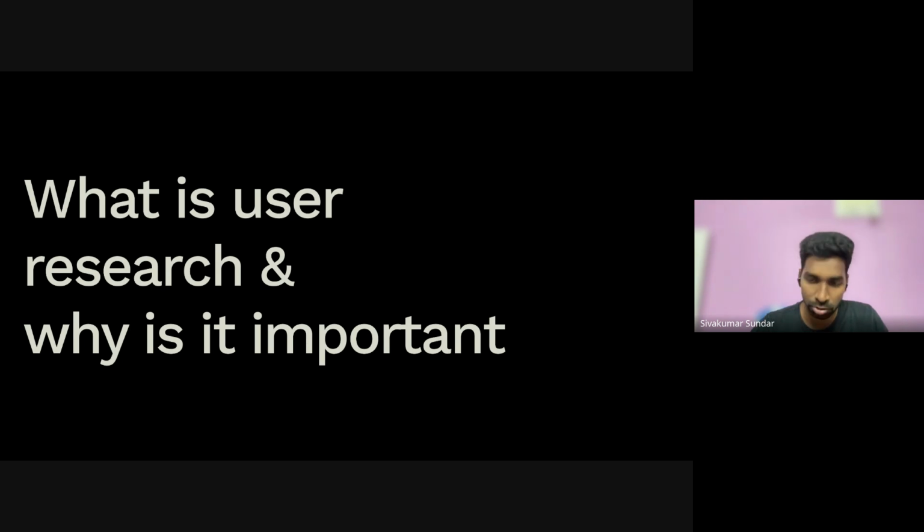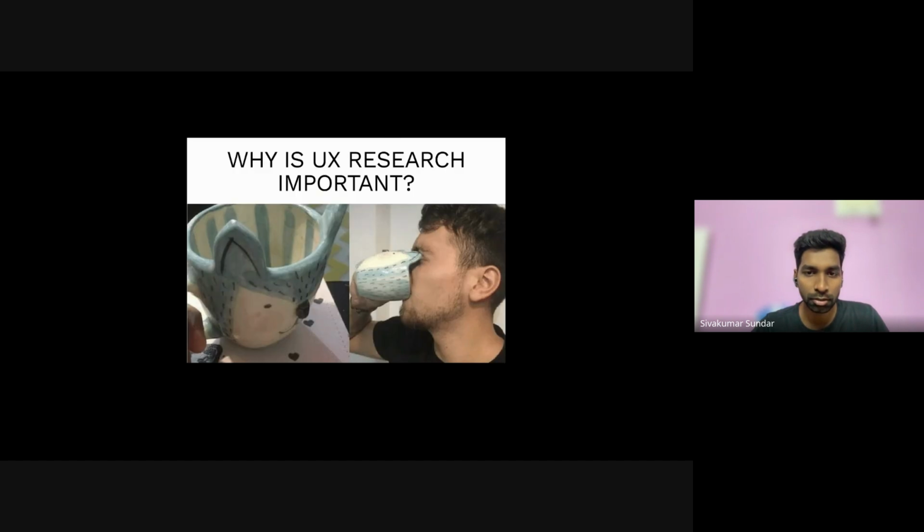To give an example of how bad user research can lead you, I'll show you a small meme. Why is UX research important? This looks like a very cute cup, which can obviously hold water, coffee, tea, or whatever you want to drink. When you look at it at a stall, you might think, this cup is really cute, and want to buy it.